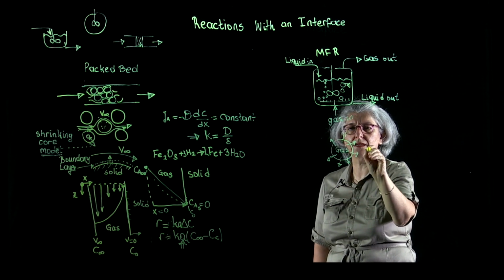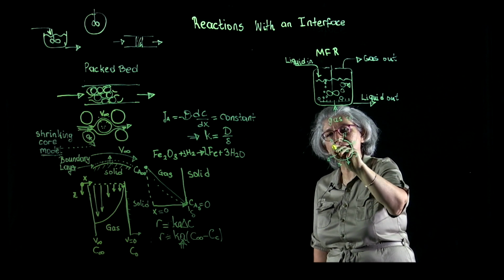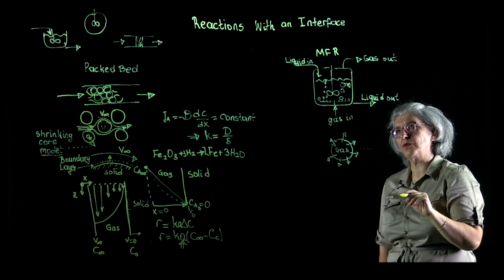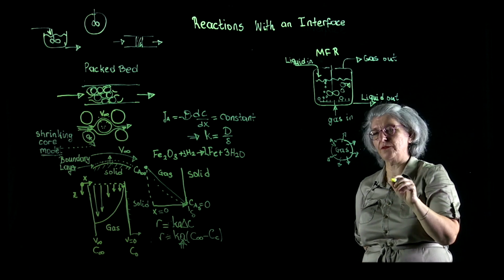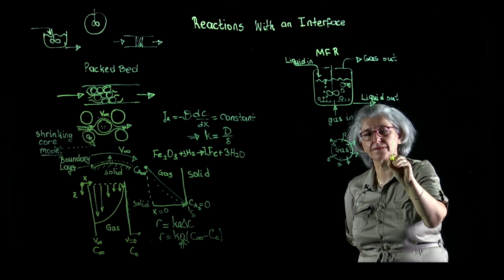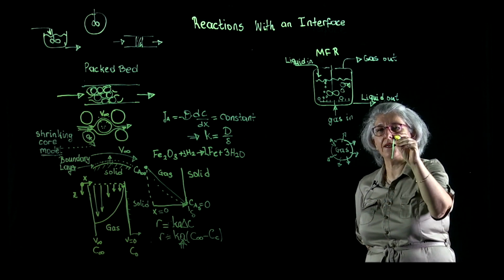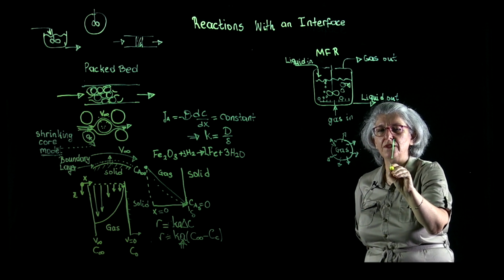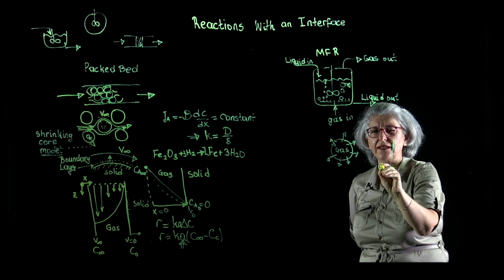So when I again get a close-up perspective of a very small portion of the surface of this bubble, I have an interface. Here, this interface is the boundary between the liquid and the gas.